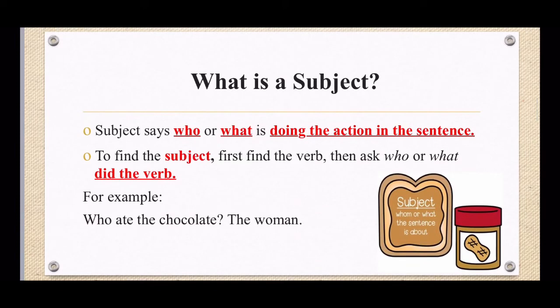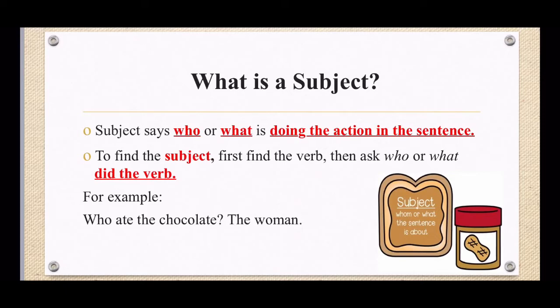Okay, so what is a subject? A subject says who or what is doing the action in the sentence, right? To find the subject, we need to first find the verb, then ask who or what did the verb, right? So, for example, if we ask the question, who ate the chocolate?